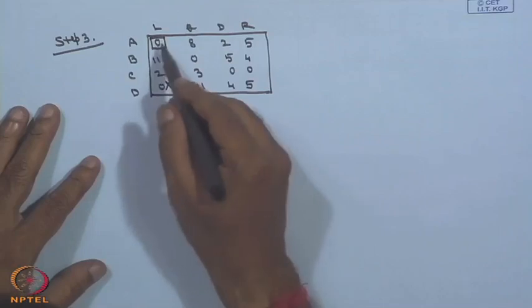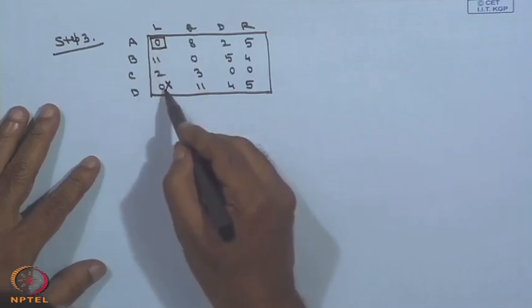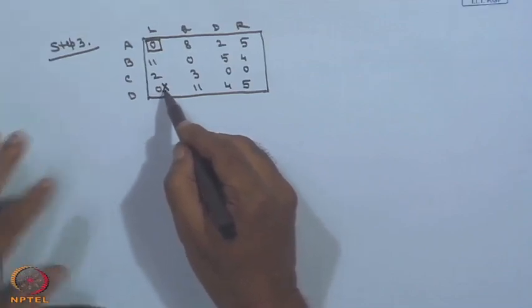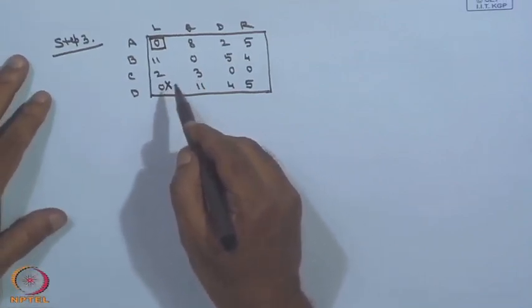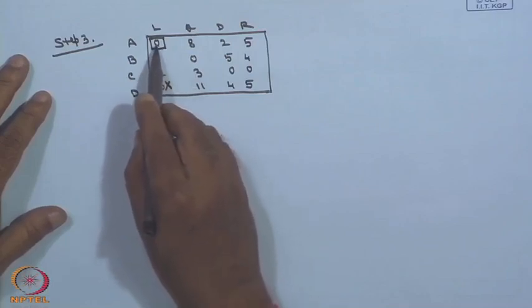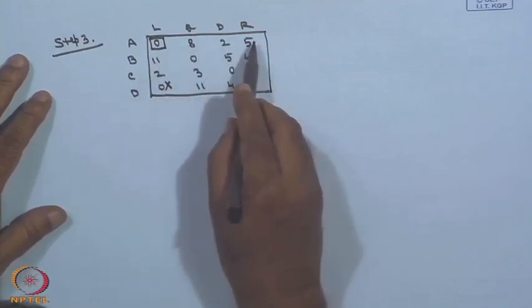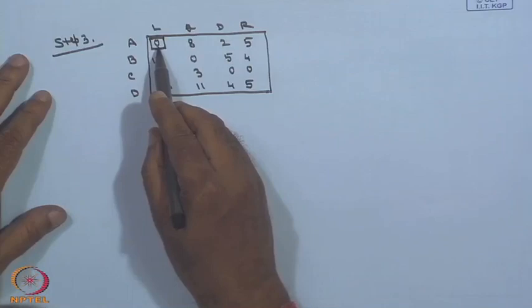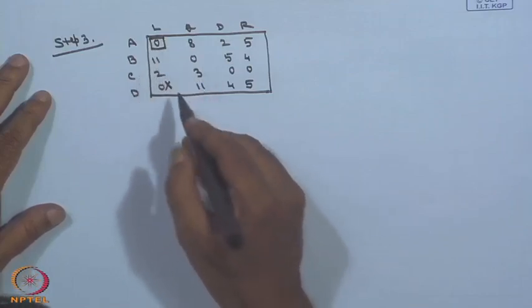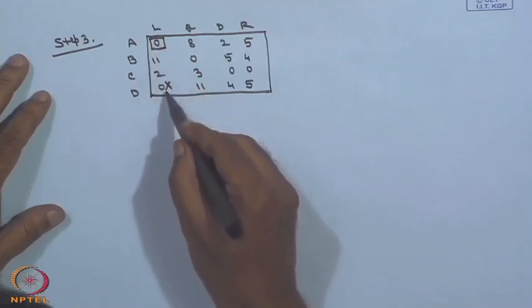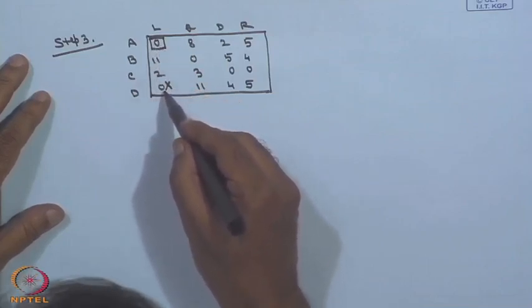That means the corresponding column you are crossing, that means this 0 we have already cut, you cannot use or allocate this 0 again. So, I think it is clear: you scan the first row, it has only 1 zero, so you encircle it within a rectangular box and correspondingly on that column, if any 0 is there, you cross it.